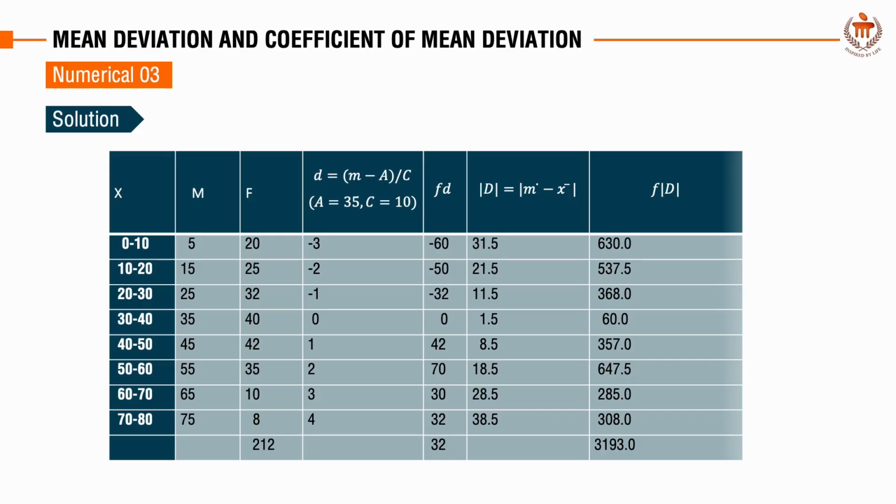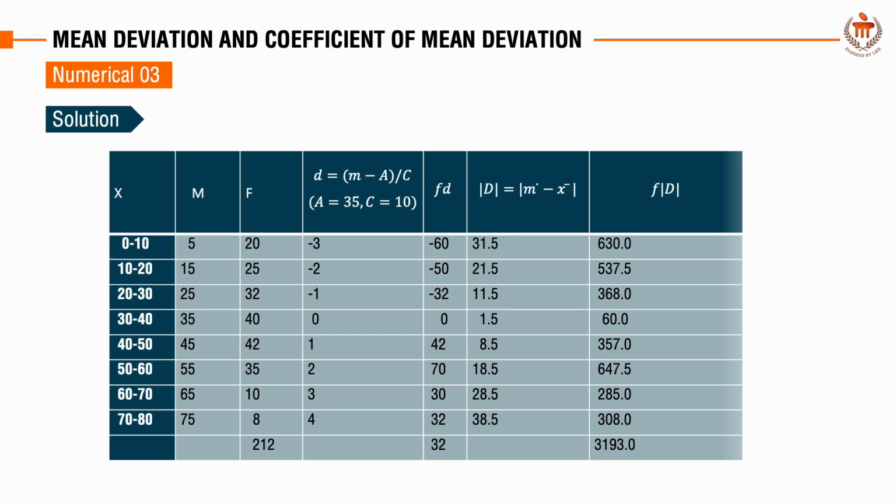So 5 minus 35 is minus 30. Minus 30 divided by 10 gives minus 3. Then 15 minus 35 is minus 20, and minus 20 divided by 10 is minus 2. Like this, we find it for each m value, and we got minus 3, minus 2, minus 1, 0, 1, 2, 3, 4. Those are my d values.